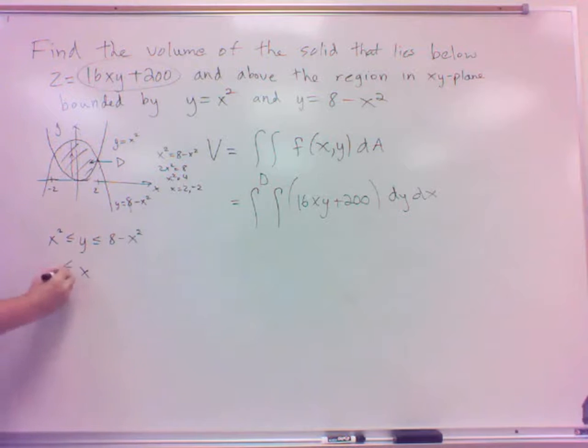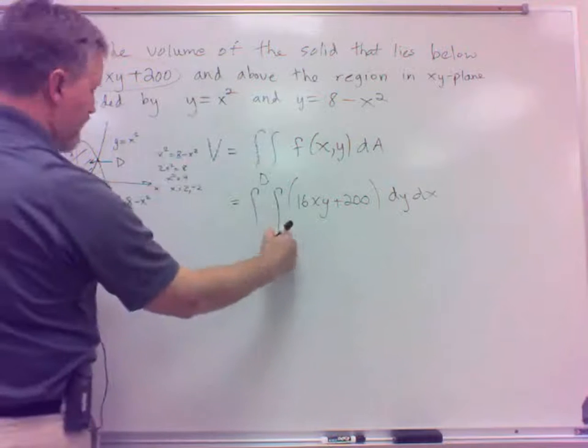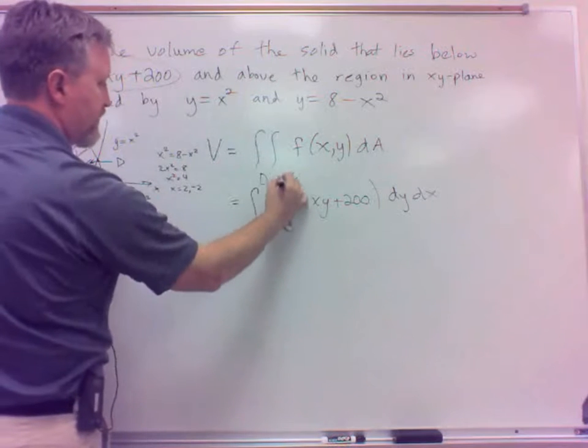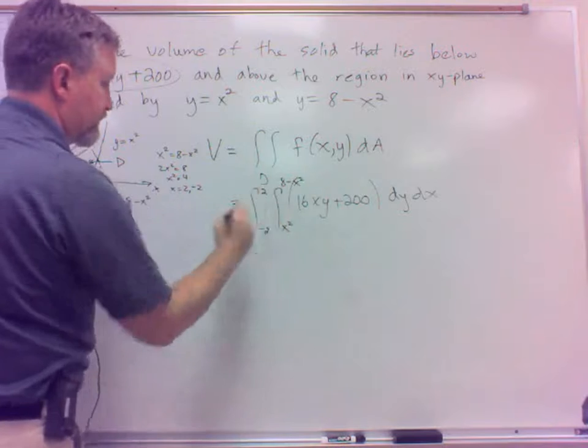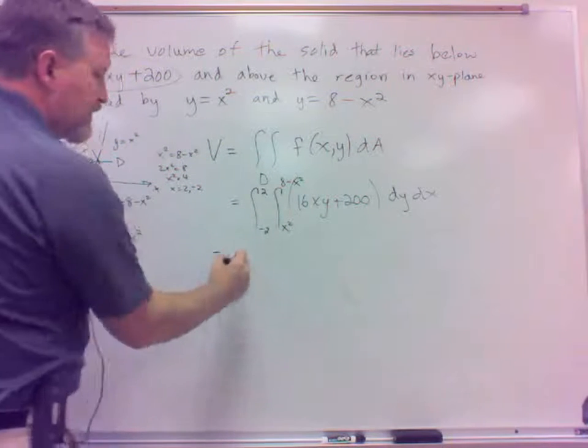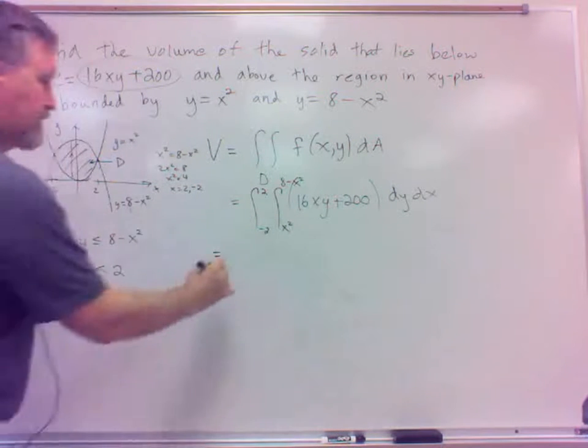So x would go from negative 2 to 2. And so that's my limits. The y's go from x squared to 8 minus x squared, and then the x's go from negative 2 to 2.